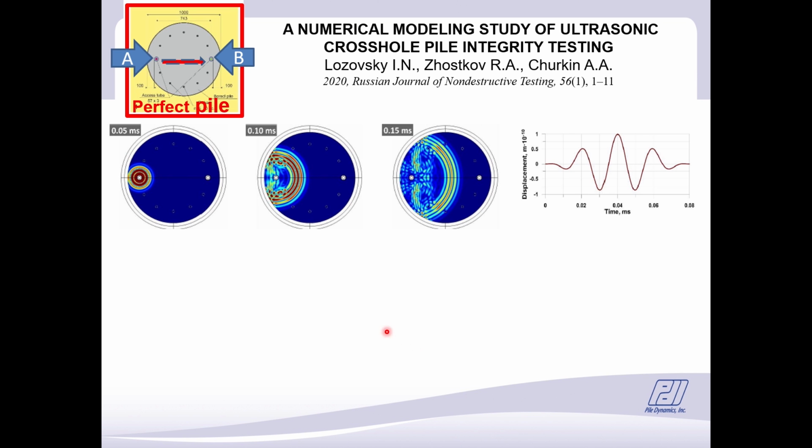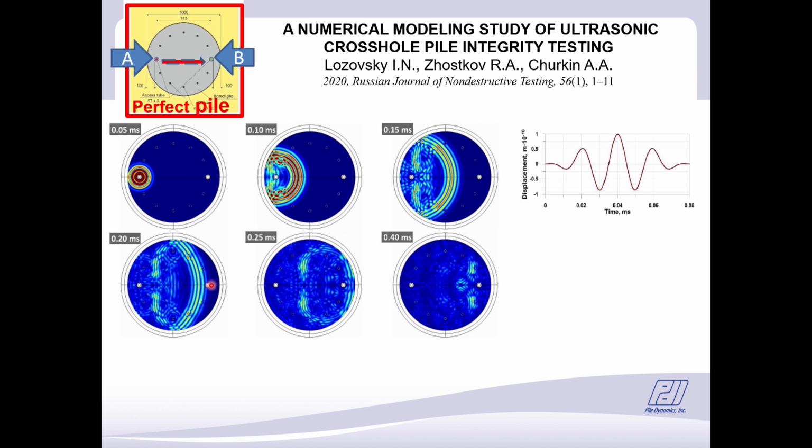On the left, we have shortly after the pulse has been generated, and the pulse is radially symmetric. And with a little bit more time, it has propagated farther into the shaft, and the backside has bounced off the near wall and created an additional reflection and signal that's going to cross the pile. Further out, it continues across. And then as we continue, the wave eventually reaches and has actually passed the recording point for location B.